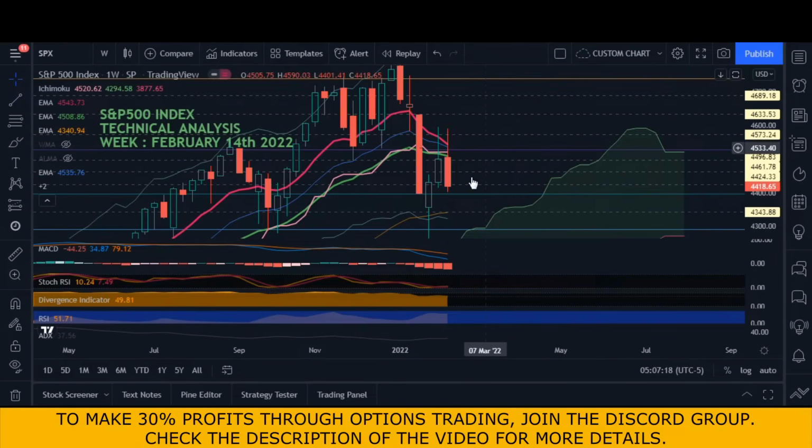Now let's look into some other technical indicators. We have MACD, moving average convergence divergence. Directional MACD is clearly bearish. But if you see the divergence between the price of the index and the moving average, that divergence is increasing.